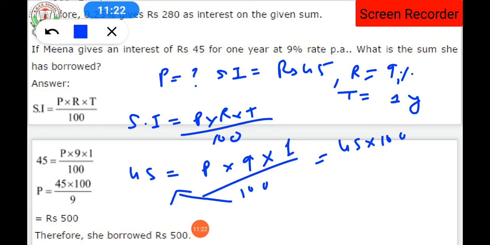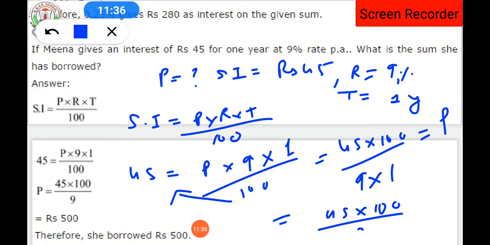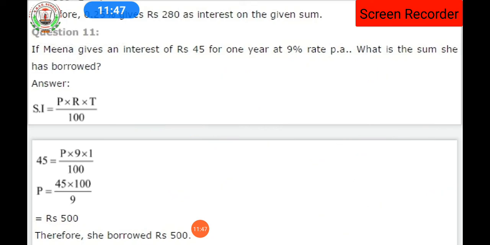So 45 upon 100, then is equals to P into 9 into 1. So 9 into 1 will be 9 itself. So that will become in the denominator, is equals to P. Okay. So 45 into 100 upon 9. So here 9 ones are, here 9 fives are. So 5 into 100 will become 500 rupees. So what is the principal? Principal is rupees 500. Clear?